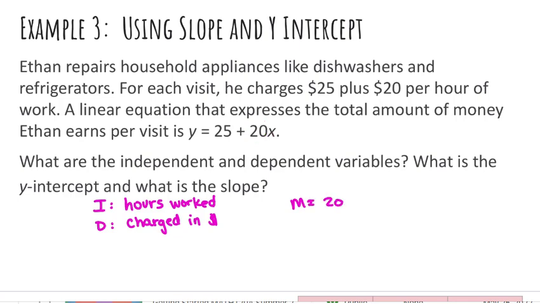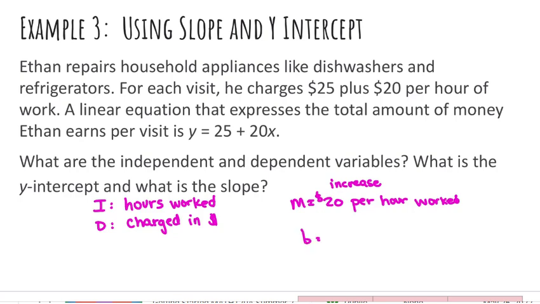And remember, we use units. So y units would be $20 per hour worked. The amount charged is positive, so it's an increase, $20 for every hour worked.